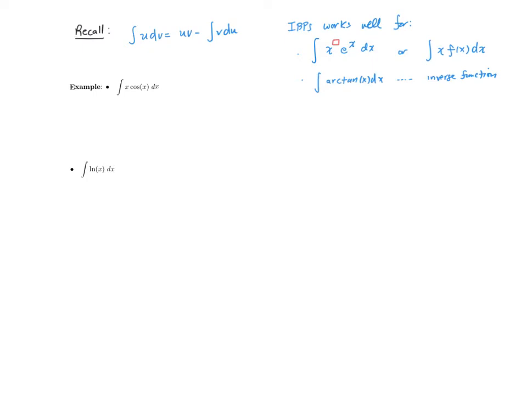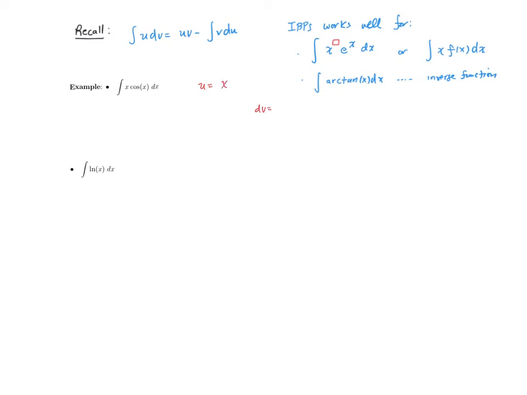Use integration by parts. Applying that hint, when we use integration by parts, we of course need to make this choice. What's going to play the role of u? What's going to play the role of dv? Ideally, u is going to be simpler when we differentiate it, and dv is going to be something we can integrate.